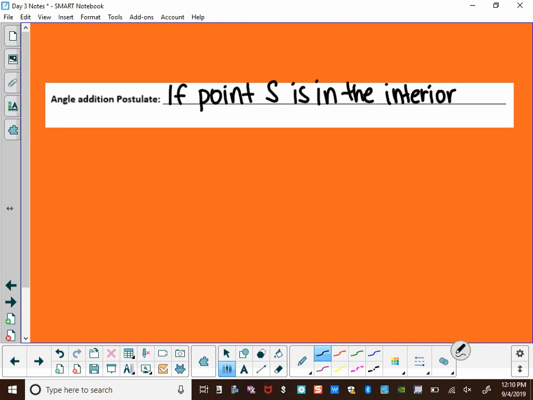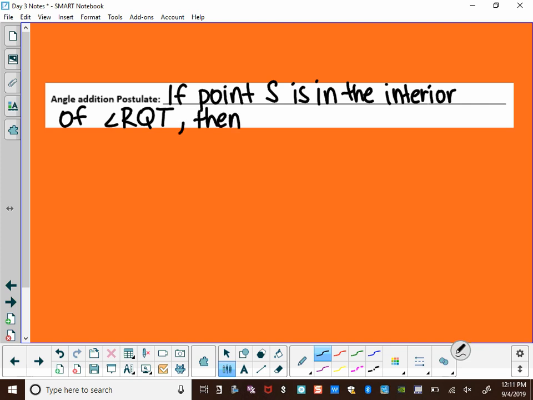Yep, inside. So if point S is in the interior of angle RQT, eventually you guys will get good at how to say these notations. You see this little angle mark, you have to say the angle.